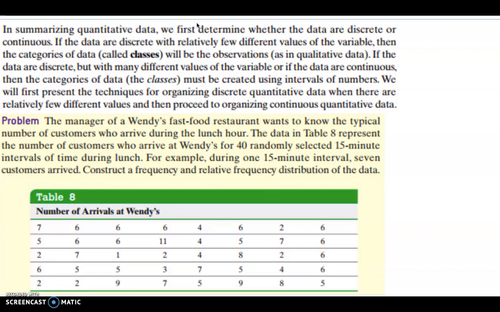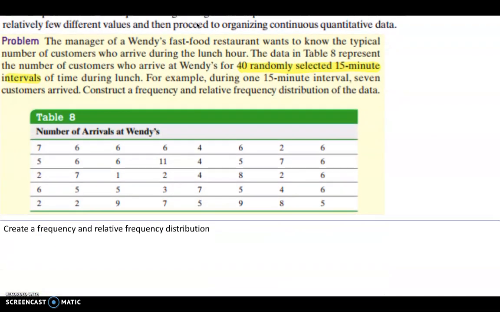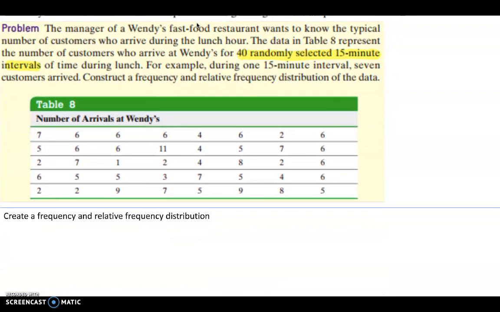In this first problem, a manager for Wendy's, a fast food restaurant, wants to know the typical number of customers who arrive at Wendy's for 40 randomly selected 15-minute intervals of time during lunch. For example, during one 15-minute interval, 7 customers arrive. That would be this first set. And we are going to construct a frequency and relative frequency distribution of this data.